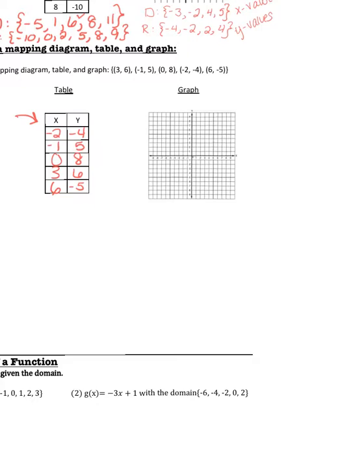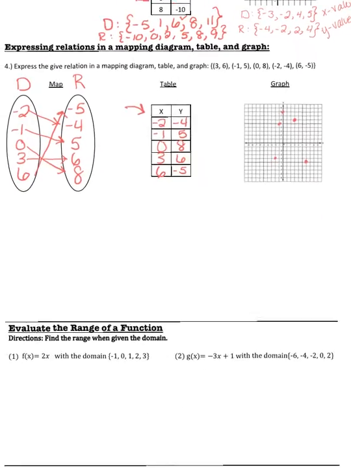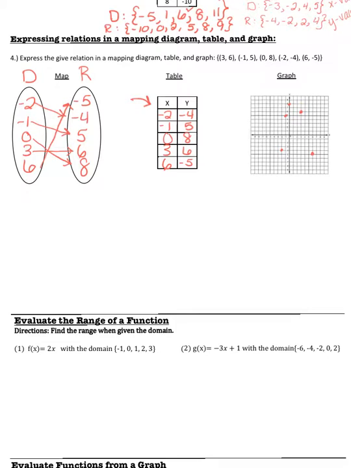And then finally, I'm going to graph those points. So I've got (3, 6), then (-1, 5), (0, 8), (-2, -4), and (6, -5). And that's it. That's how I would represent a relation in three different ways.